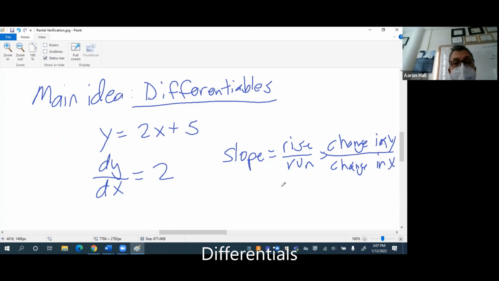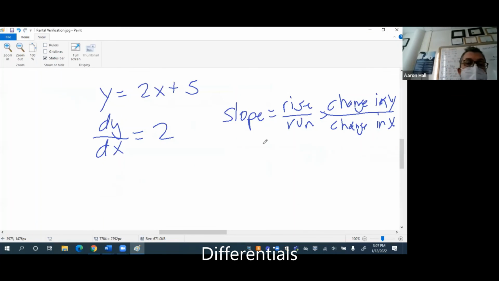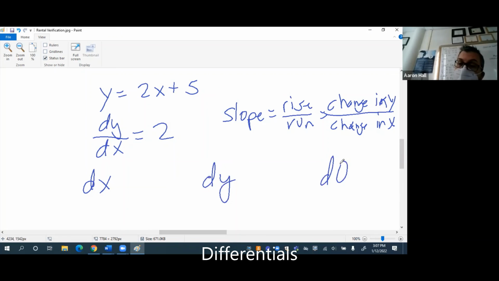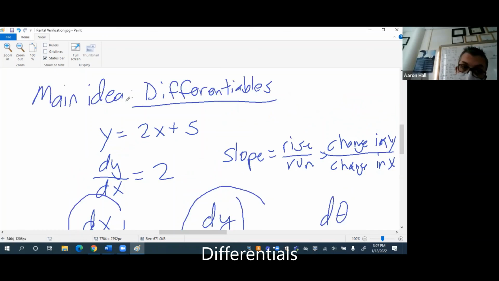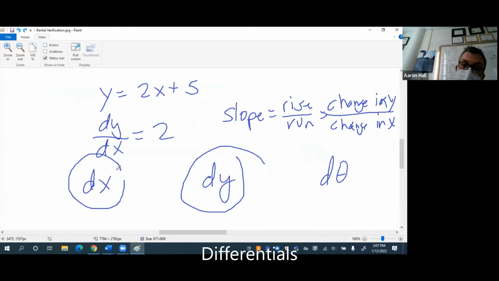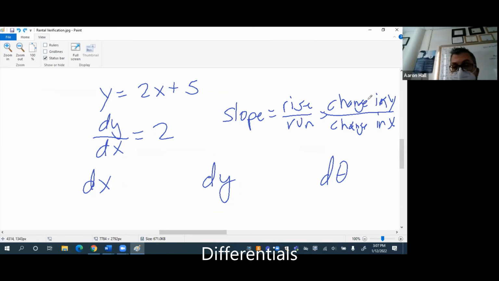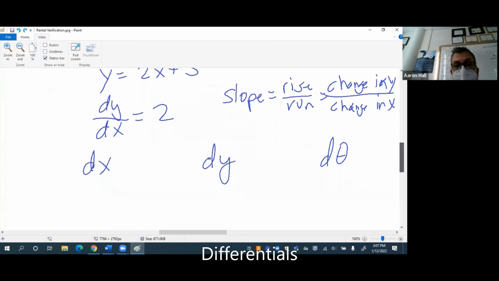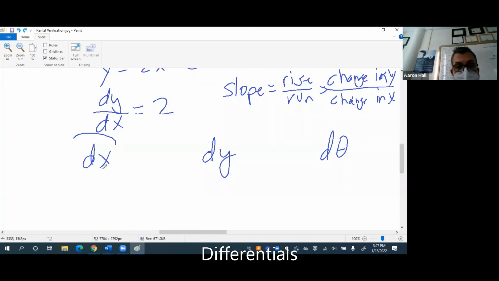So what does dx mean by itself? Or dy? Or d theta? These are called differentials. What does this mean by itself?